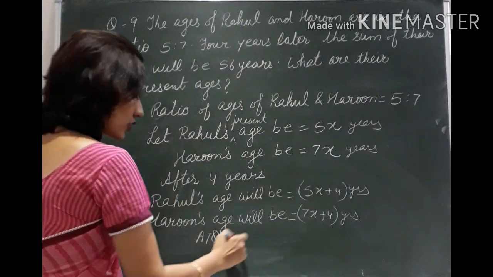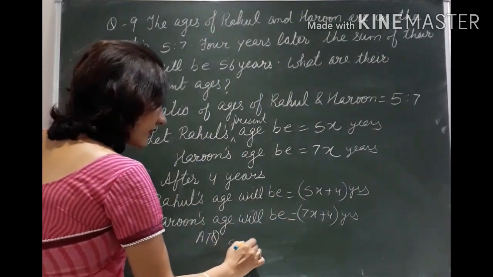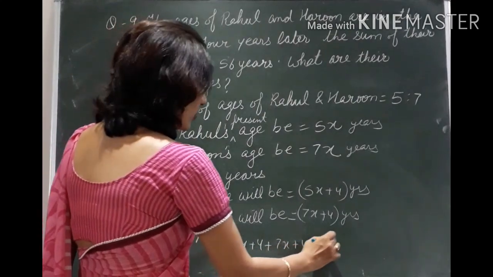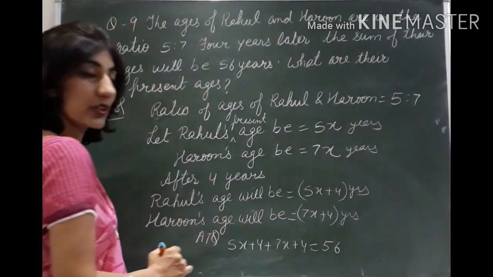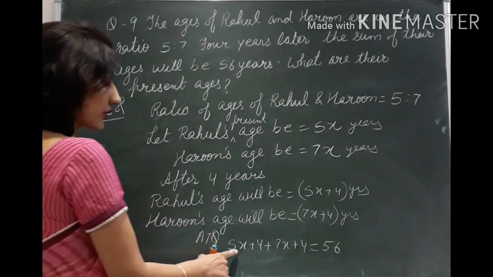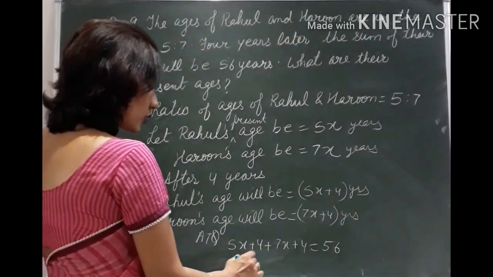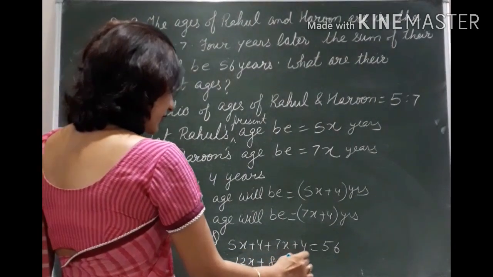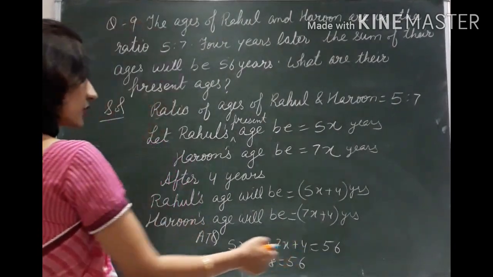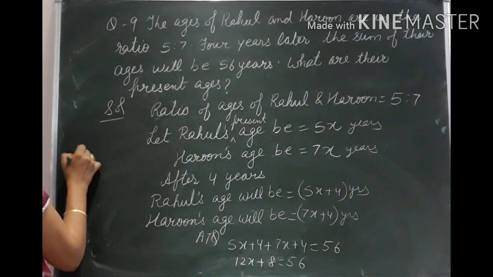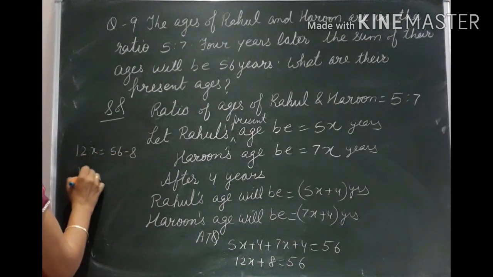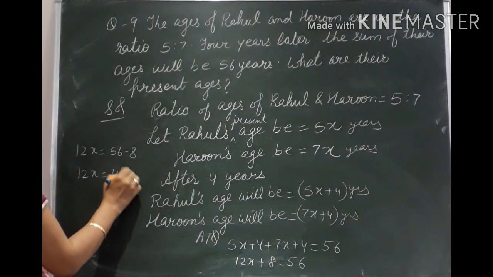If I add these two, according to the question, 5x plus 4 plus 7x plus 4 is equal to 56. I got the equation, now I can solve it. 5x plus 7x is 12x, plus 4 plus 4 is 8, equals 56. Now transpose this 8 to RHS, it will be 12x equals 56 minus 8. That is 12x equals 48.